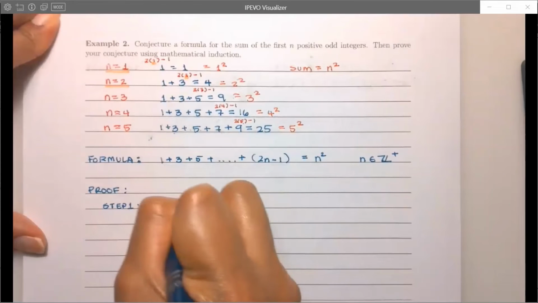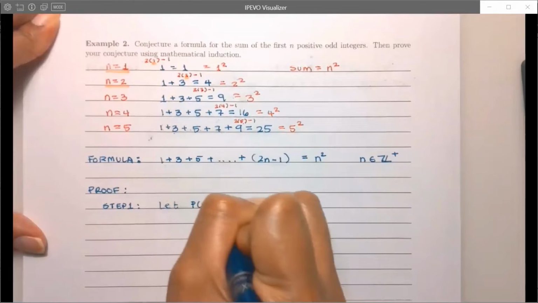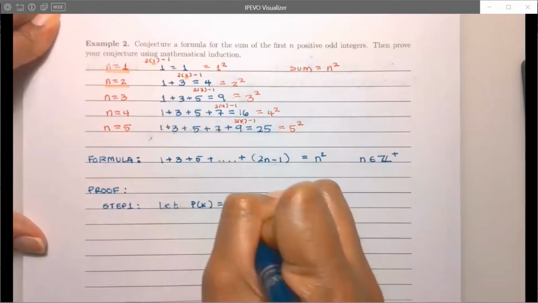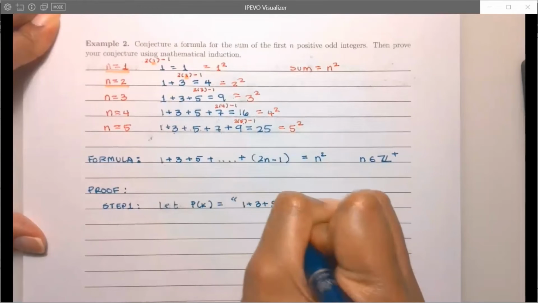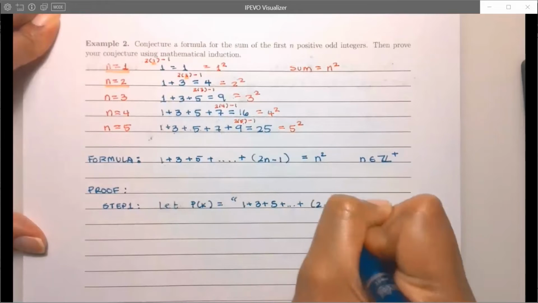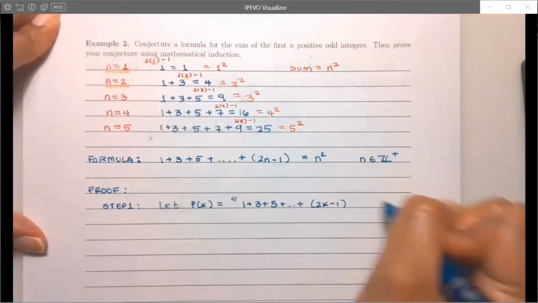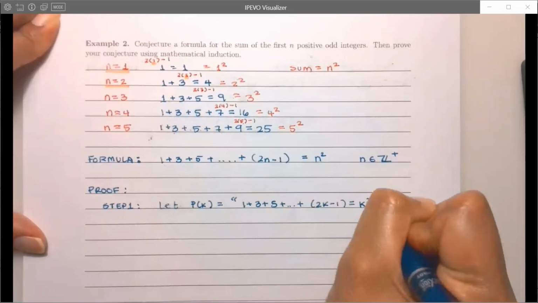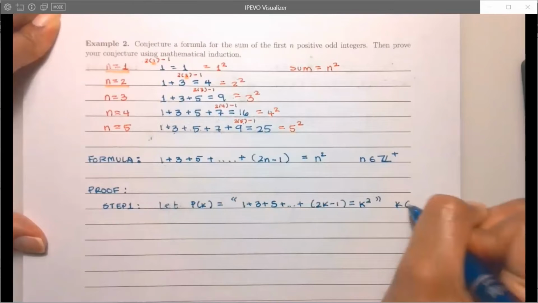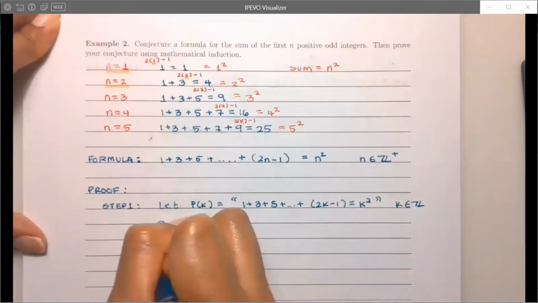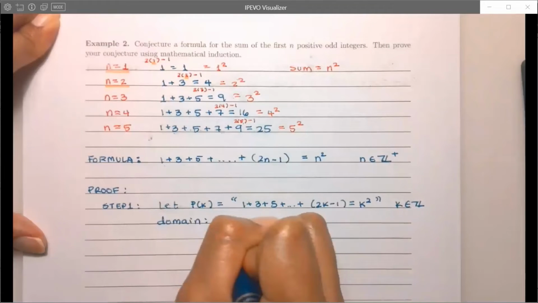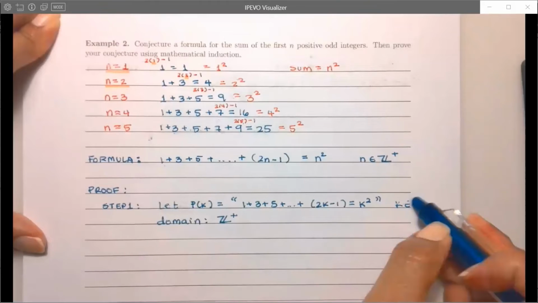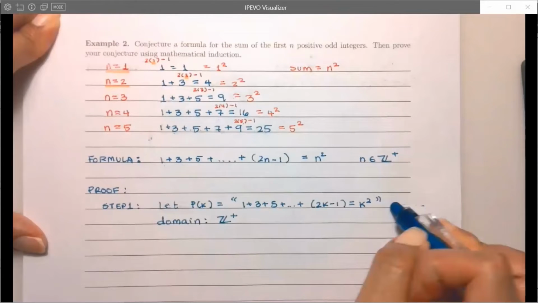So we're going to let P of k be the statement 1 plus 3 plus 5 all the way down to 2k minus 1 is equal to k squared, where the domain is the set of positive integers. That's our first step.